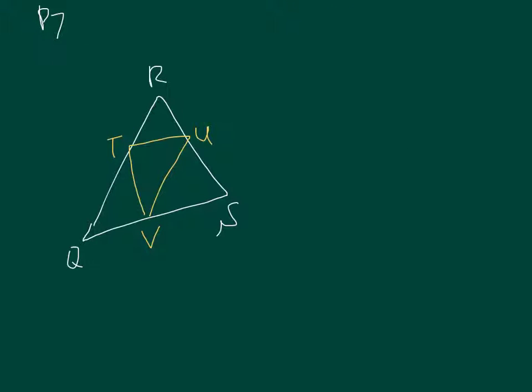Problem number 7. We have triangle QRS, and inside we have VUT. Decide whether each statement is correct or incorrect. Part A says QR divided by TU equals SR divided by TV.